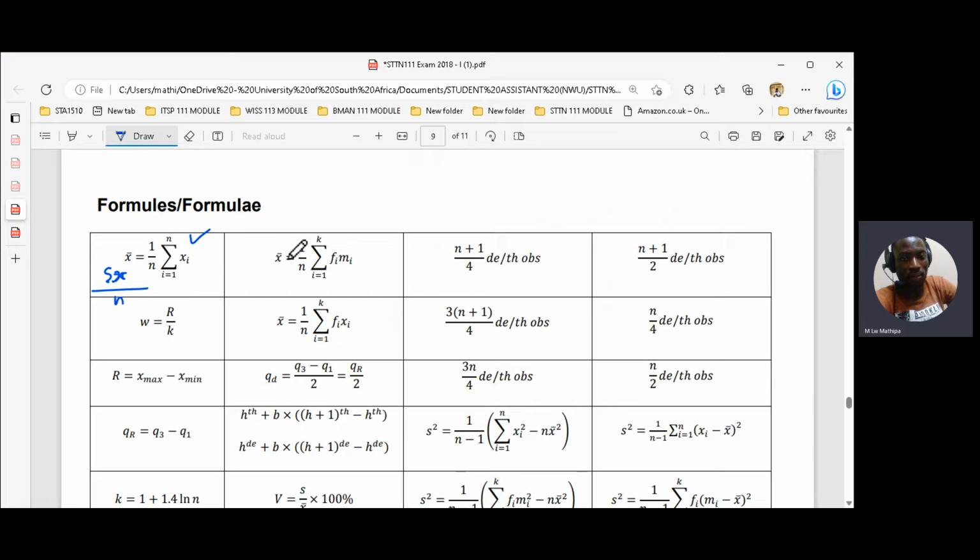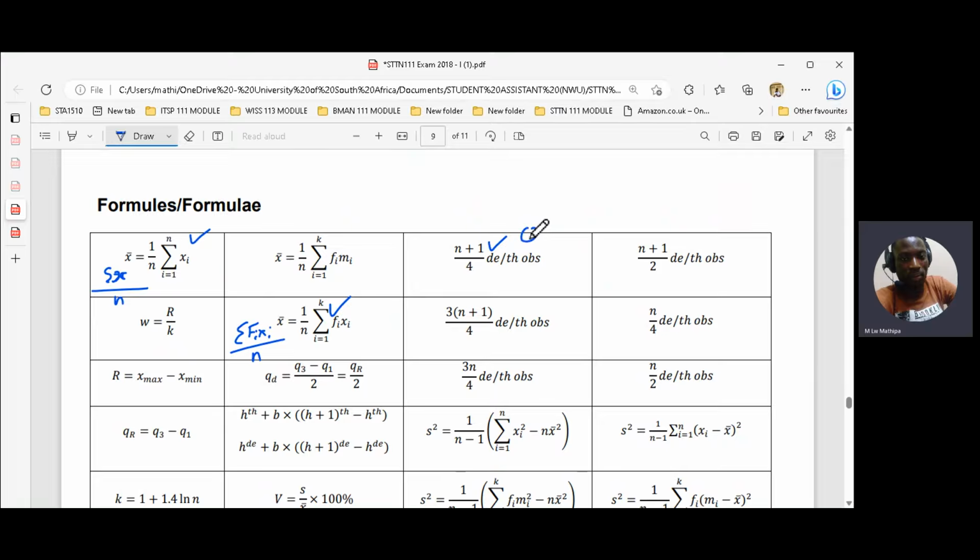And this one is for grouped discrete data, so this is going to be the summation of fi multiplied by xi, then divide by n.